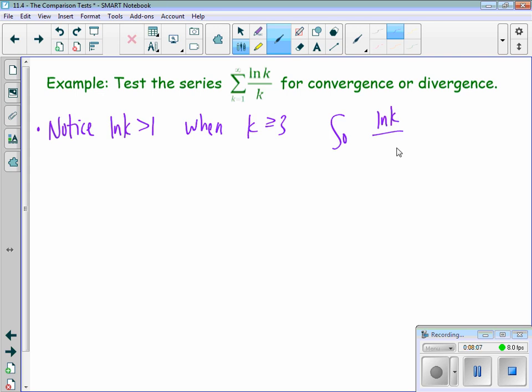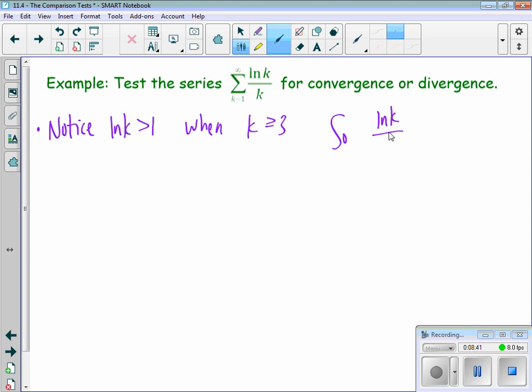Because natural log of e is 1, and e is 2.7 something. And you're only plugging in the integers 1, 2, 3, and 4. So 2, it's not big enough yet. Does that make sense? Because once you get to natural log of e, then it's 1. So once it's bigger than e, does that make sense? You wouldn't have to write this sentence down on your AP test, but that's why we're comparing to 1 over k, okay?